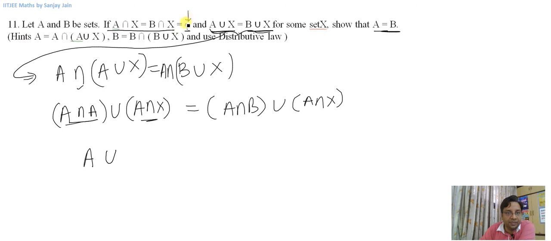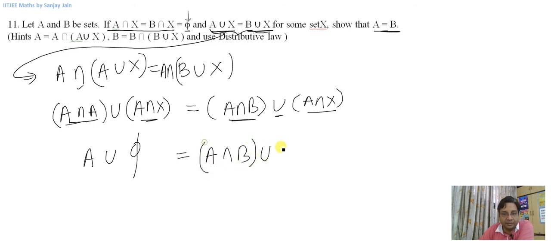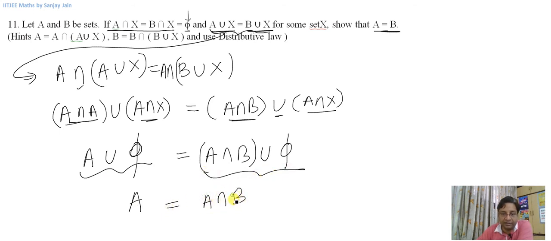It is phi. And it is equal to A intersection B union A intersection X, which is phi. Right? So if I take union of a set, non-empty set, with an empty set, it will give me A. This union will give me A, and this union of course will give me A intersection B.